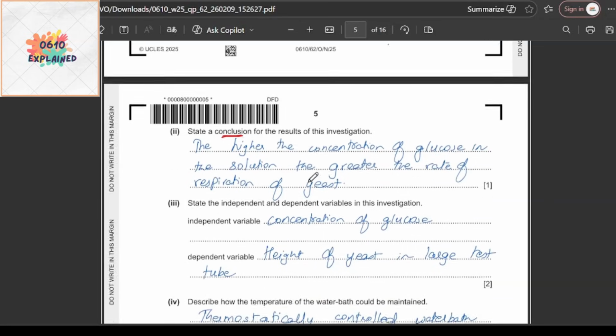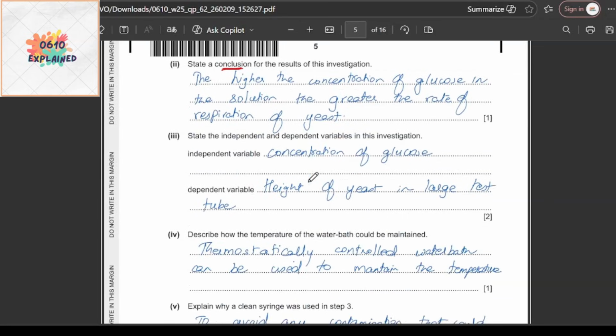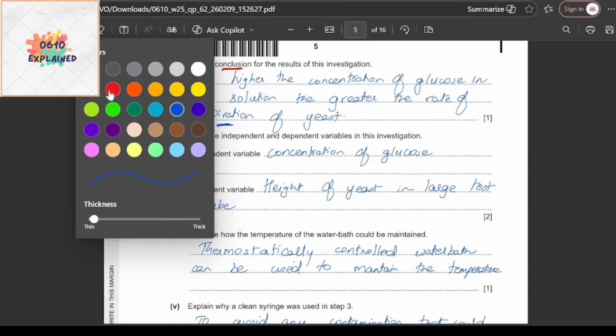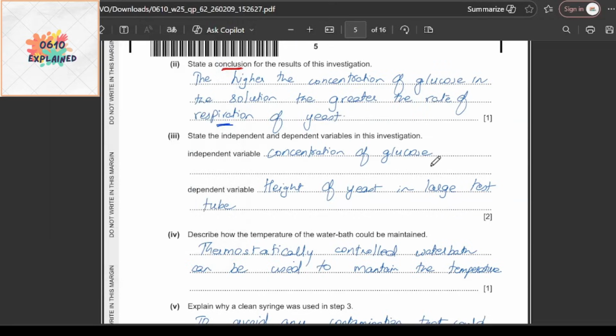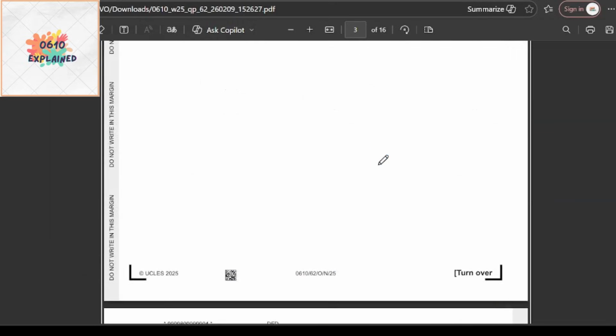But this is called an observation. Conclusion means what actually occurred or why it occurred. So here, the higher the concentration of glucose in the solution, the greater is the rate of respiration of yeast. So that is going to be the conclusion, because that was the aim of the experiment.